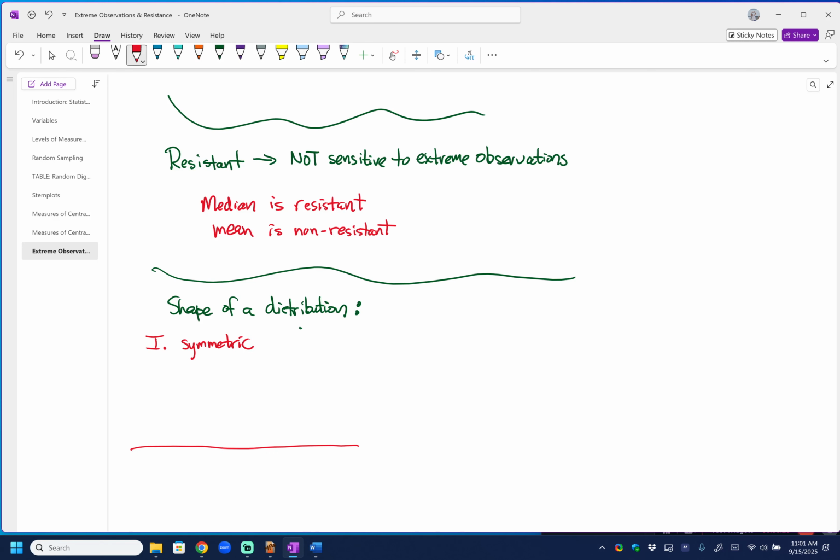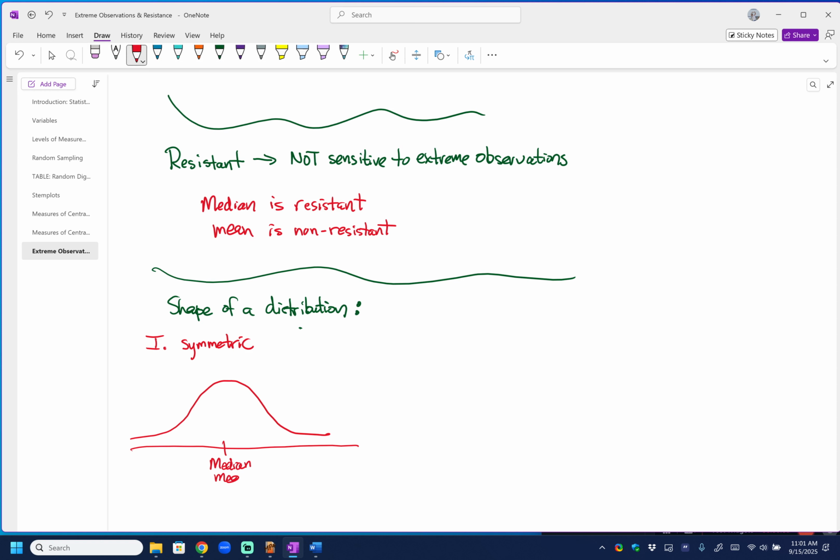So when we look at a symmetric distribution, that's a terrible symmetric distribution. Try that again. Okay. We're basically looking at something that is exactly what it sounds like. It's symmetric. It's the same on both sides. We don't expect any extreme observations, anything from that genre of observation. So therefore, we would expect that the median is in the middle no matter what, but then we would also say that the mean is located here as well.